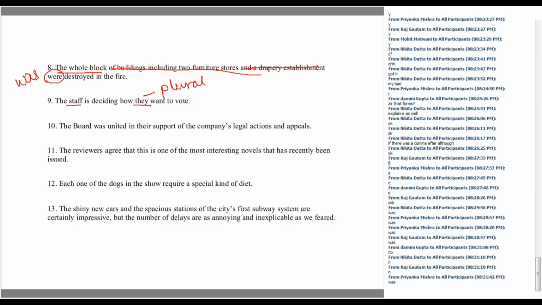This means that I'm talking about staff members and not the group as a whole. If I'm talking about individual members, I cannot have the word is. I'll have to use a plural verb. The staff are deciding how they want to vote. Did you understand?